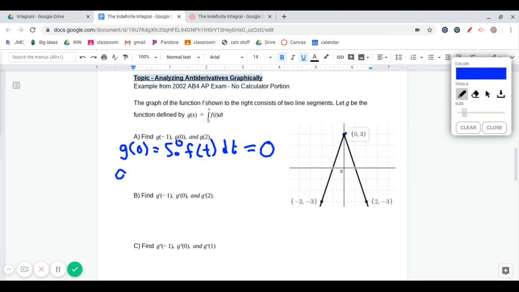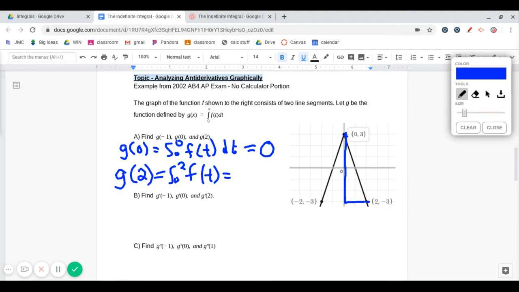Great, now let's do g of 2. This is the integral from 0 to 2 of our graph f right here. So 0 is up here, all the way to 2 is down here. We're looking for the area of this whole thing.